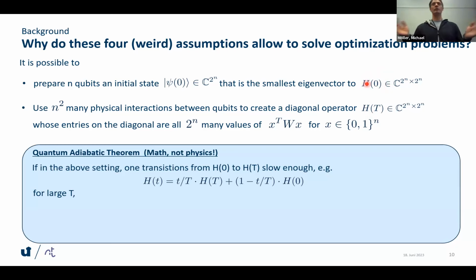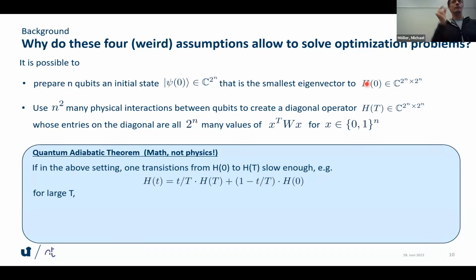Okay, that sounds now very mathematical, but it's not that insane, because if you think about what is the eigenvector to the smallest eigenvalue of a diagonal matrix, well, it's a vector that is 0 everywhere except one entry that is 1, and it's 1 exactly at that point where the number is lowest on your diagonal.